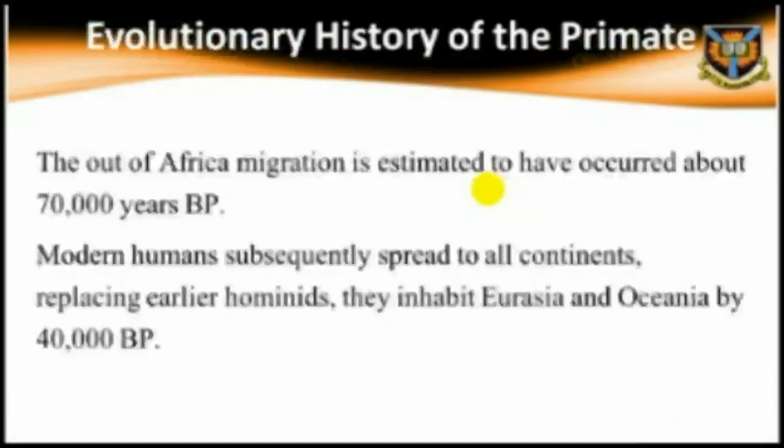The out of Africa migration is estimated to have occurred about 70,000 years BP. Modern humans subsequently spread to all continents, replacing earlier hominids. They inhabit Eurasia and Oceania by 40,000 BP.